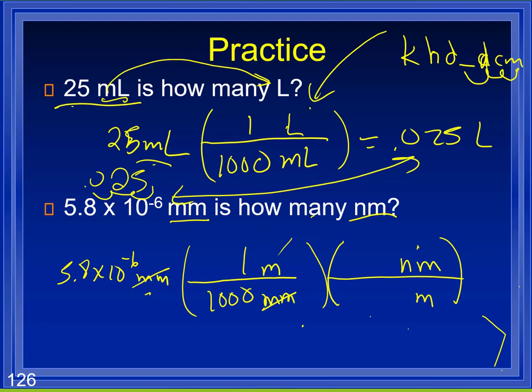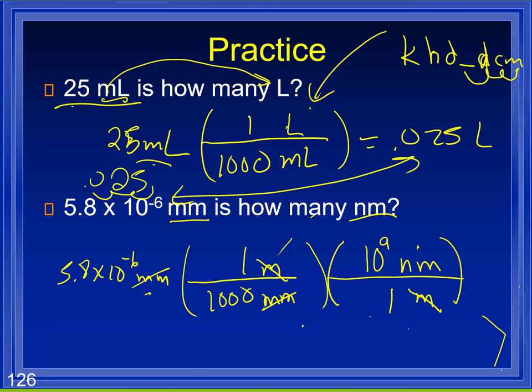Which is bigger? The meter's bigger, so it gets the small number, the 1. The nanometer gets the billion, 10 to the 9th. That way meters cancel out, and the only unit I'm left with is nanometers, which is what they asked me for.